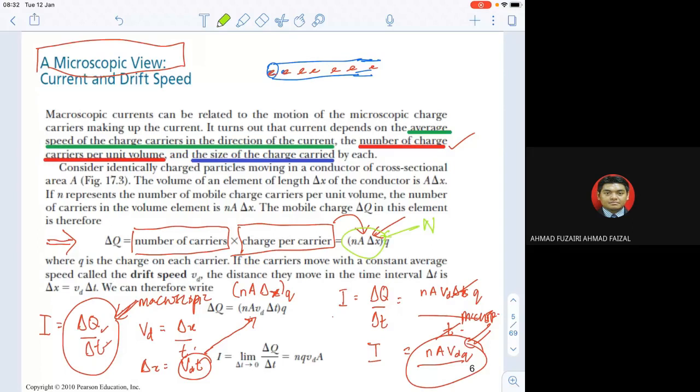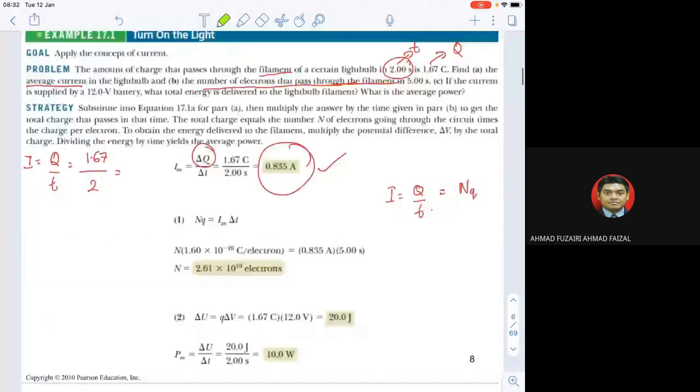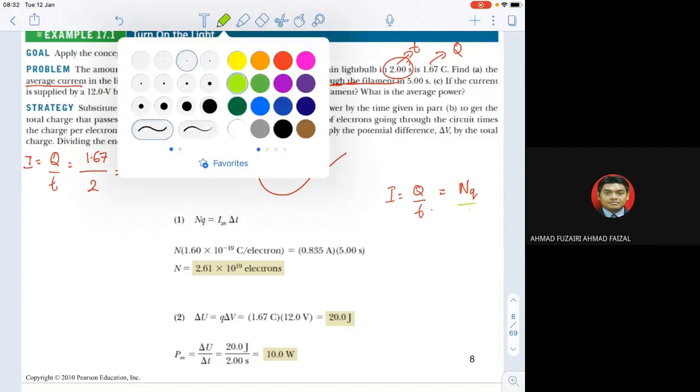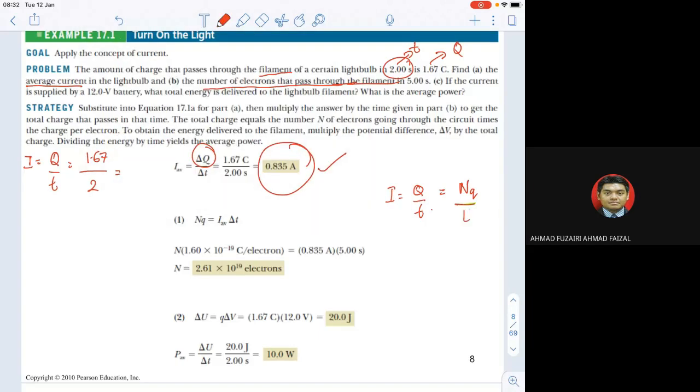That's why we say N q over t. We want to know about N. So N is equivalent to I times t divided by q. And remember, this is the number of electrons.